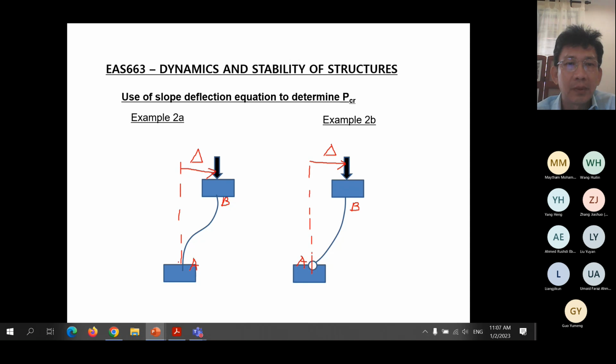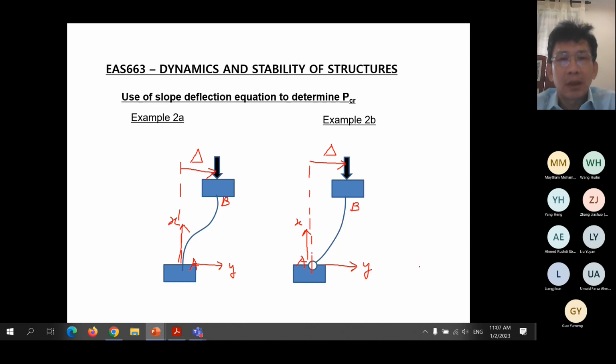And we have our axes here, X and Y. Same thing here, there will be X and Y.